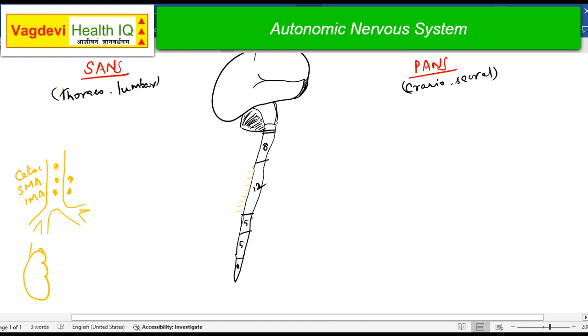On top of the kidney will be what structure? Anybody? Correct, you're right, adrenal medulla. Because sympathetic and parasympathetic are deeply related with all this. Okay, adrenal medulla. Very nice. Good.